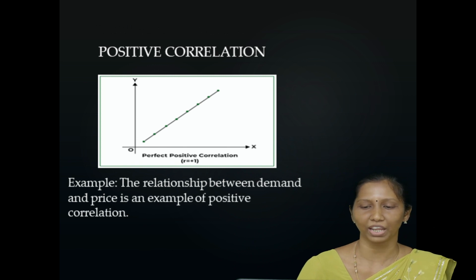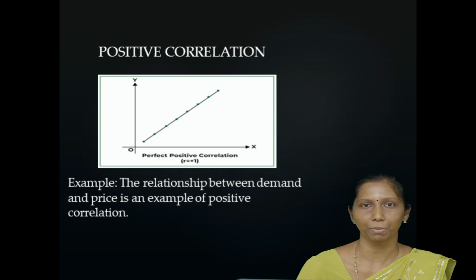We have taken the example of demand and price. Demand is an economic measurement. If the demand increases, automatically the price of the product also increases.